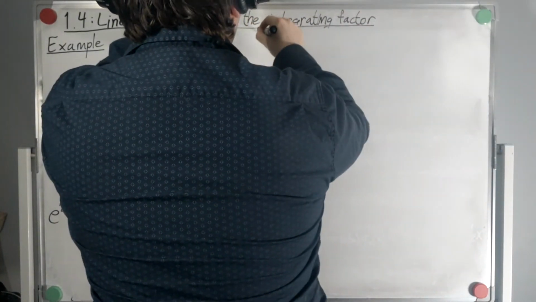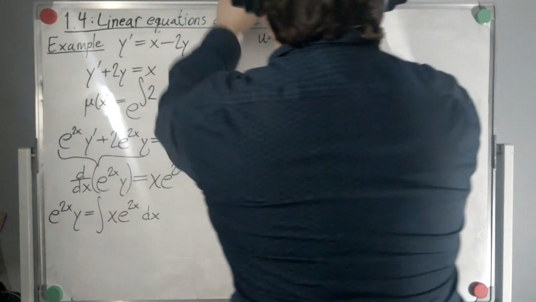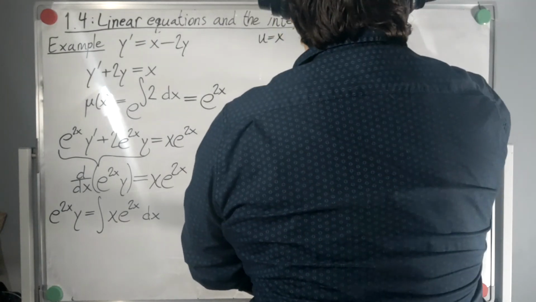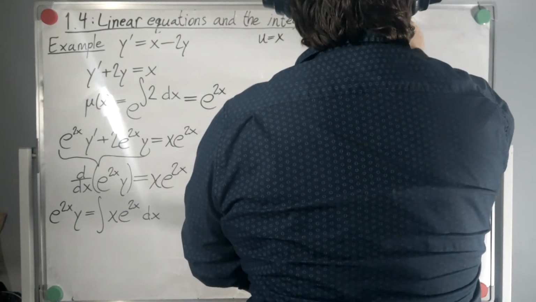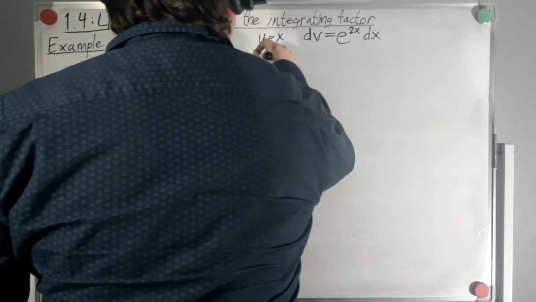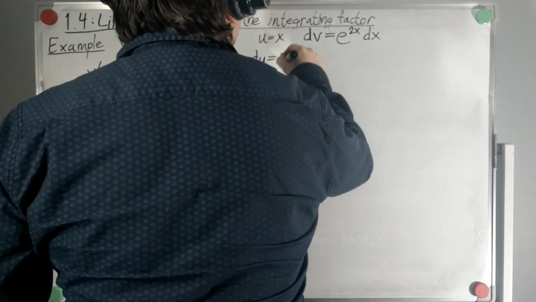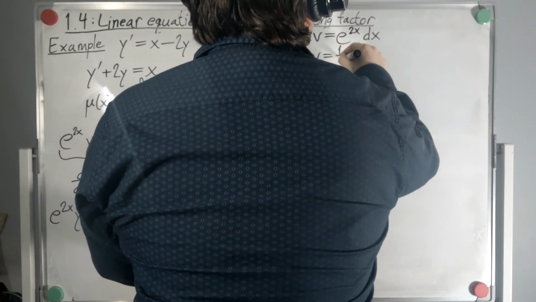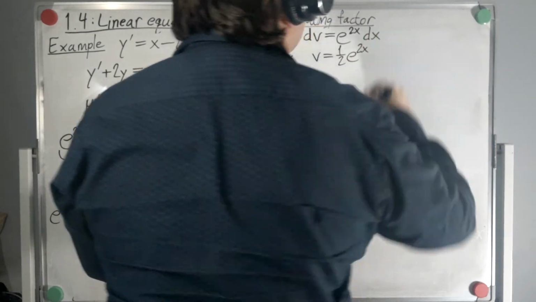Specifically, you have to set u to be x and dv to be e to the 2x dx. In that case, du is dx, and v is 1/2 e to the 2x.